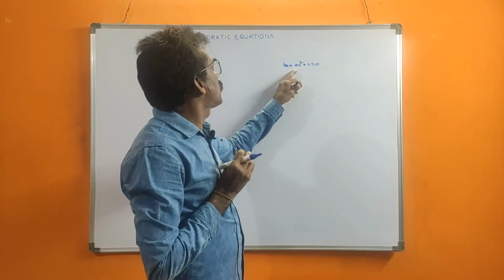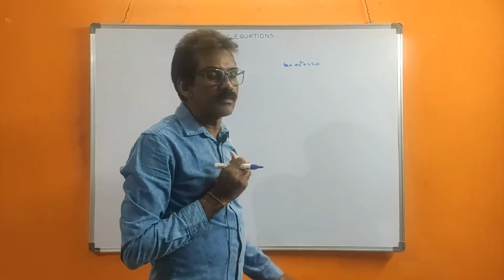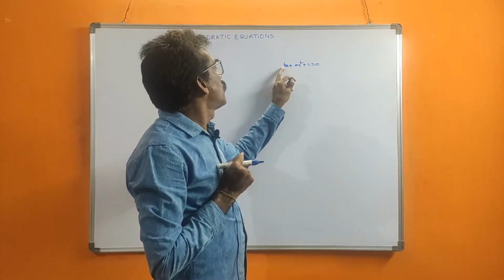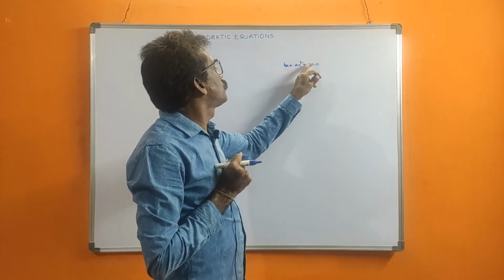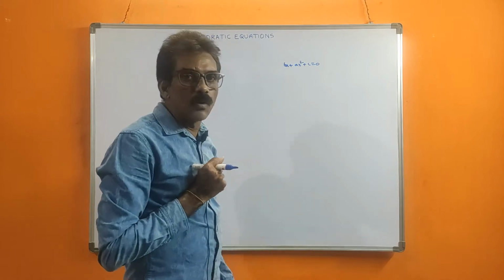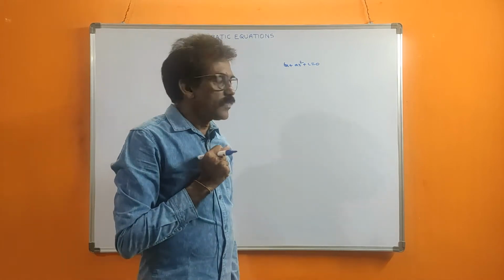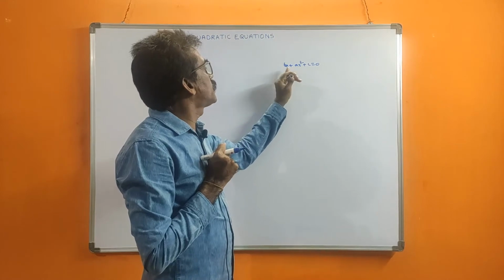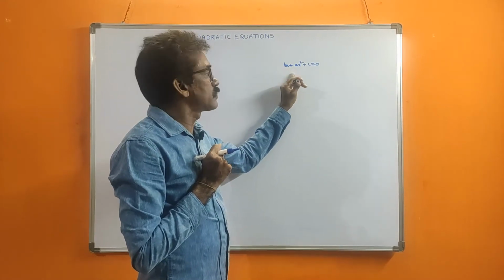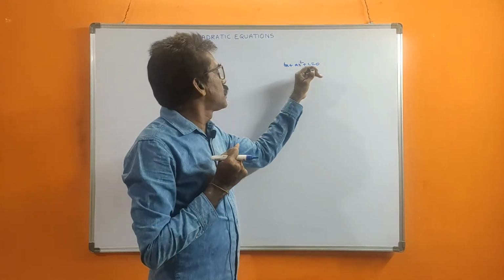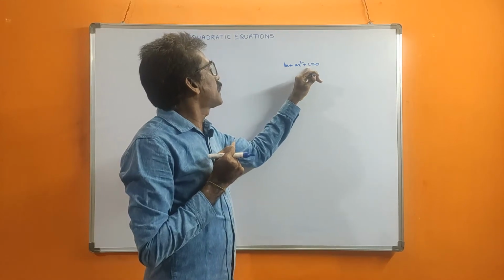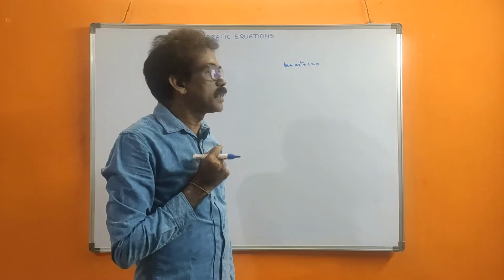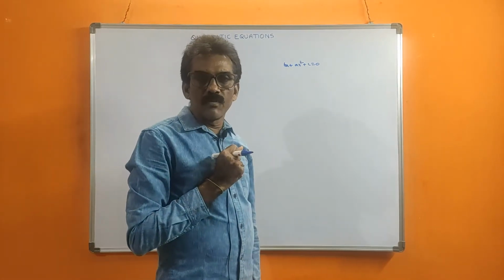So here a is a constant, b is a constant, c is a constant. a and b are coefficients: a is the coefficient of x square, and b is the coefficient of x. They are numbers. c is also purely a number. It is not a coefficient of any variable, so it is completely a constant. Like that we will denote.